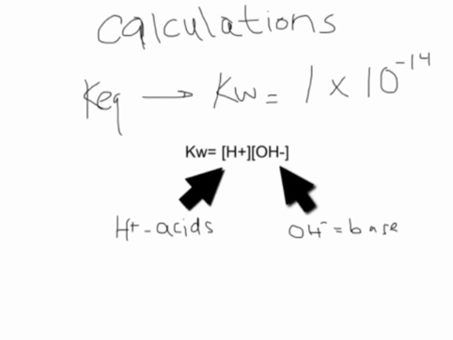H plus stands for the acids, and OH negative stands for the bases. At first, the equation is confusing, but once you get the hang of it, it's simple. You'll be either given an H plus or OH, and all you have to do is plug it in, since KW equals 1 times 10 to the negative 14, so you'll always know what KW equals.